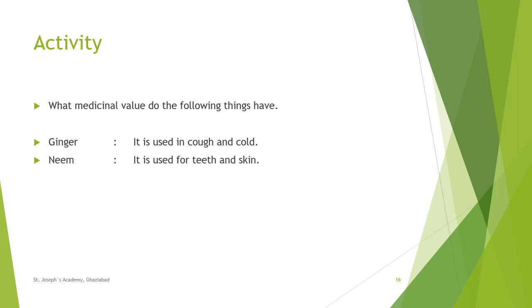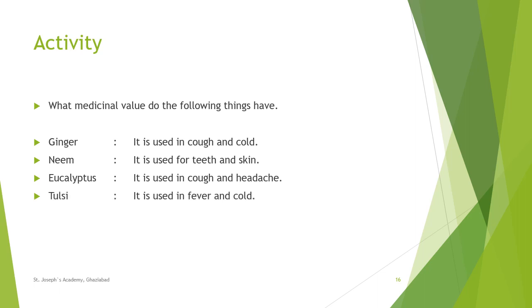Second is neem. Neem is used for teeth and skin. Third is eucalyptus. It is used in cough and headache. Then is tulsi. What is the medicinal value of tulsi?